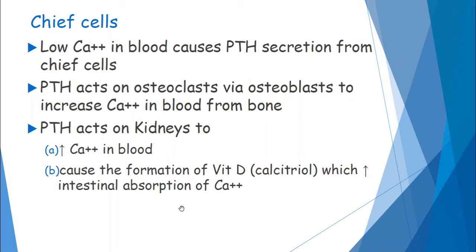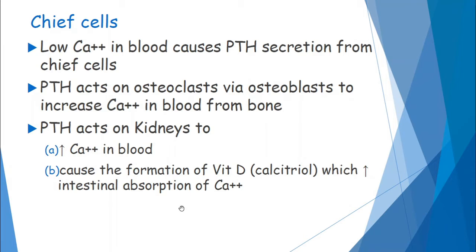Chief cells respond to low calcium in blood and cause parathyroid hormone secretion. The parathyroid hormone acts on osteoclasts via the osteoblasts to increase calcium concentration in blood from the bone.